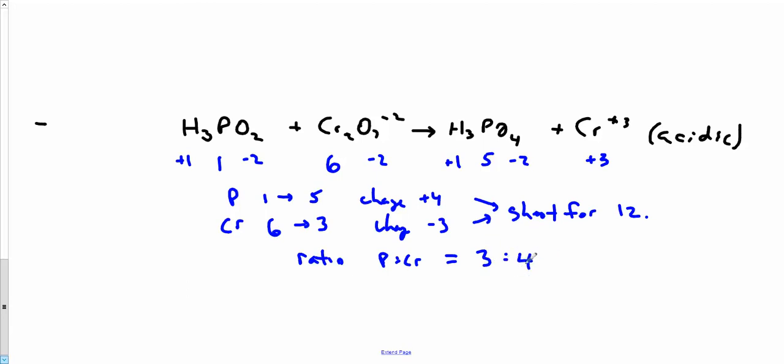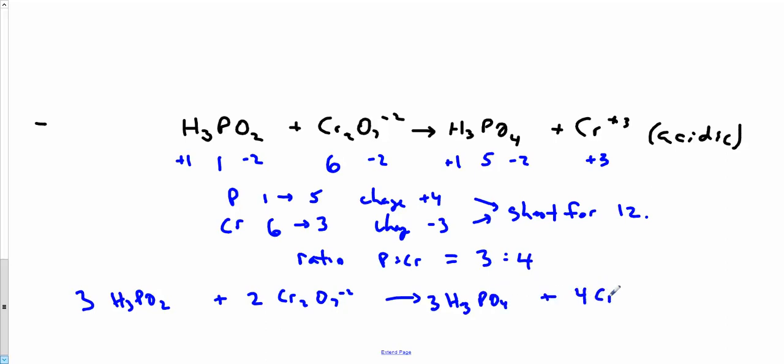Now, I will write 3 H3PO2 plus, now I want 4 Crs, there's already a 2 here, so I'm going to put a 2 Cr2O7 2-. I'm going to get a 3 H3PO4 plus 4 Cr 3+.